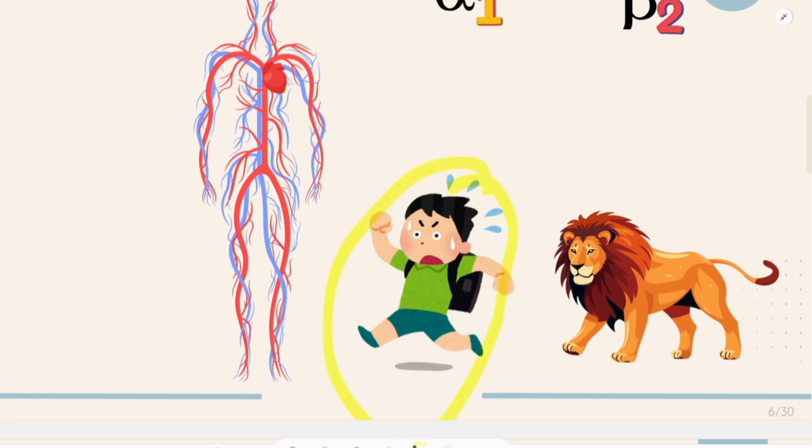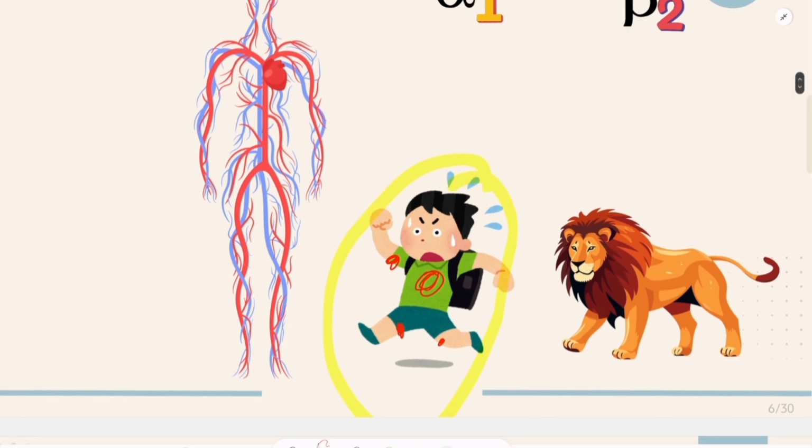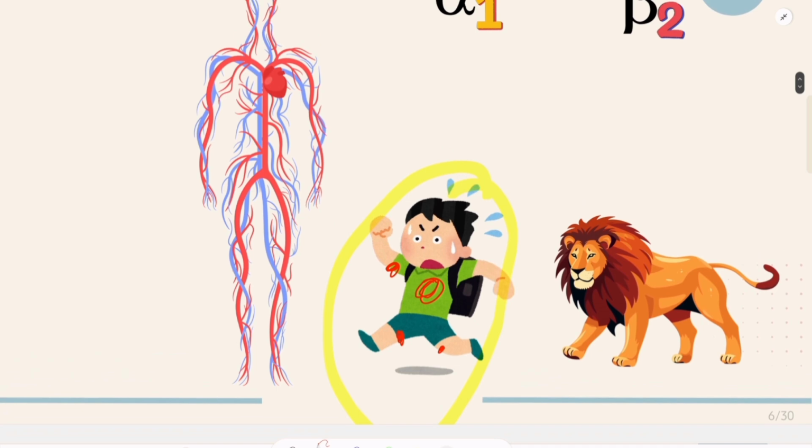So when we see a lion, we will try to run away, and we can run away if we have power in the muscles. We will also require power in the heart. Whenever we want to run away in emergency, we require sympathetic activation. So the sympathetic system will be activated and it will help us to run away.